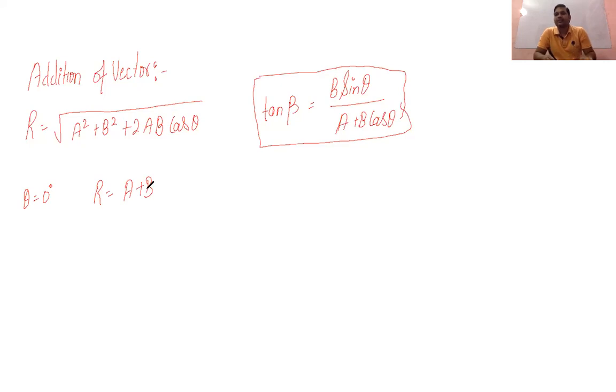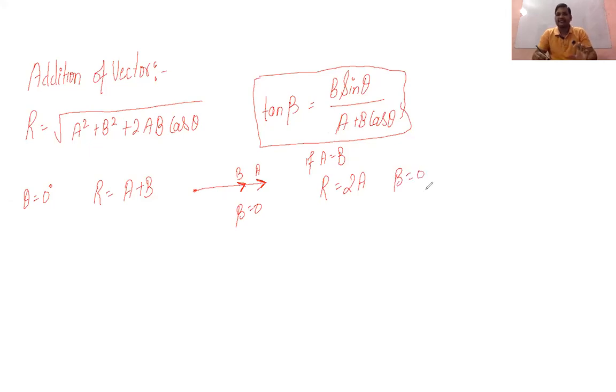If there are two vectors acting at 0 degree, then their resultant will be simply A plus B. Now if A is equal to B, then the resultant was going to be twice of A or twice of B. These were the cases. And for tan beta, here the beta was also 0 degree. This was the special case.